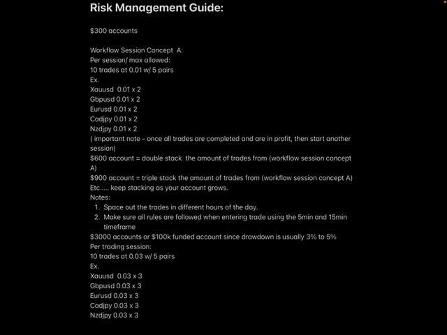So that's why, even for a 100K funded account, not real money, I'll keep my trades at 0.02, multiply that by 3, and then I'll pick 5 pairs and just do like 10 trades of 0.03. Well, I think I put 10 there. I need to put 15, yeah, 15 trades. Anyway, you get the idea.